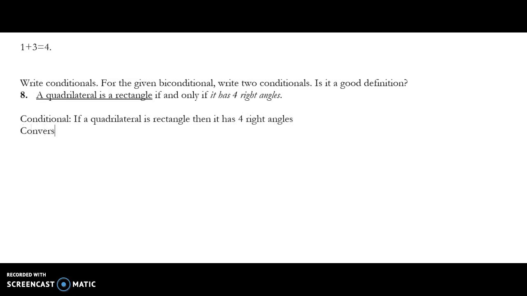My converse would be to switch the order and say if a quadrilateral has four right angles, then it is a rectangle. Okay? And both of these statements are true. True. True. Therefore, the biconditional is true.